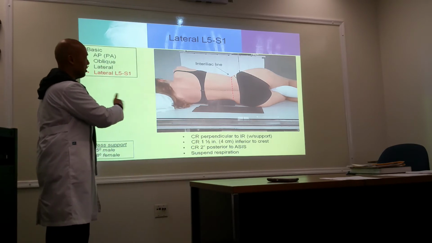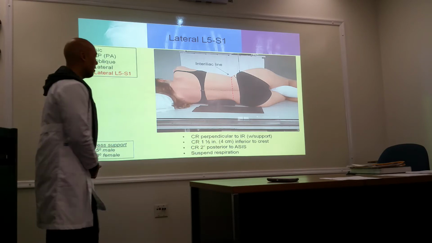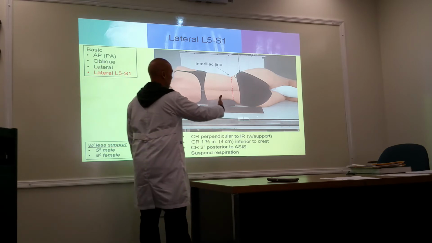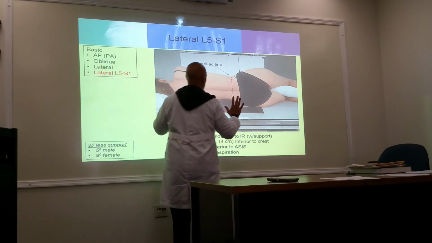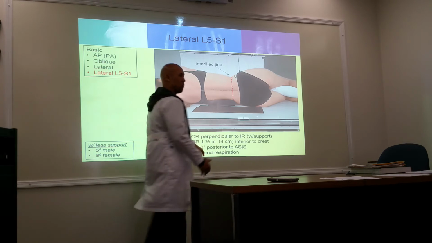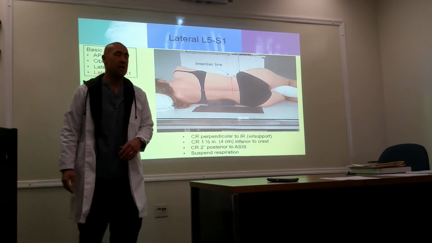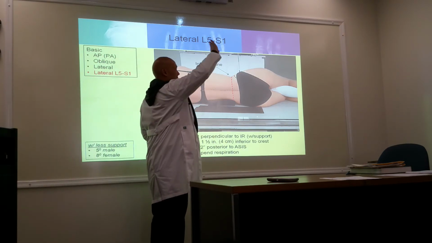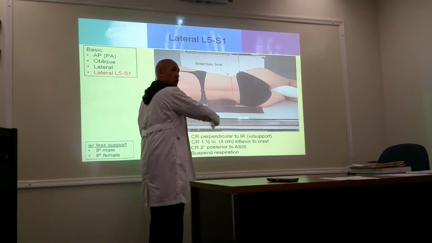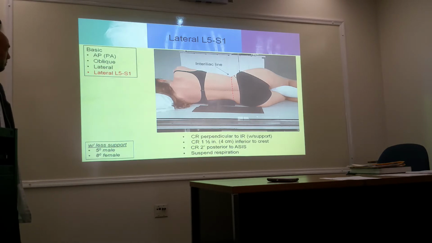So at first you're at the crest, now you're going to go about 1.5 inches below the crest, and then approximately 2 inches posterior to the ASIS. So once you go 1.5 inches down, you're going to push your patient forward so that you go about 2 inches posteriorly. So now we're trying to make our way towards the backside, posteriorly, towards the sacrum. Because your back has that curve to it, your lower back comes out a little bit, and we're trying to find that sacrum and put it in the middle of that image receptor.